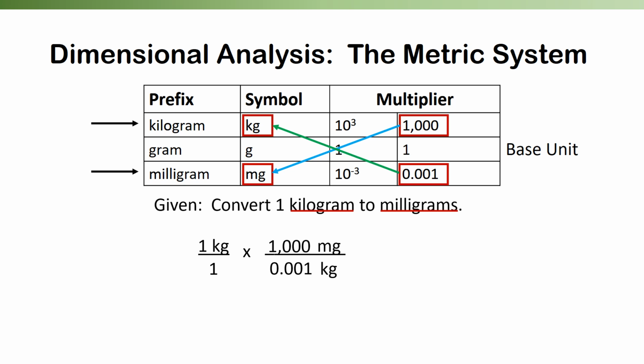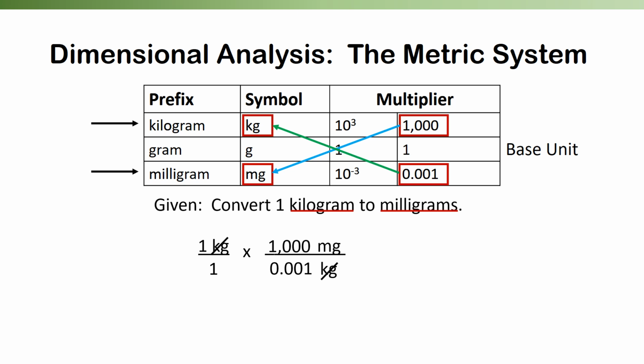Okay, now that we've created the conversion factor, now we can move on to the third step in our problem solving, and that is to cross out the units that appear in both the numerator and the denominator. And for this problem, that would be kilogram and kilogram. Nothing else cancels out. So we move on to our fourth step, which is simply doing the math.